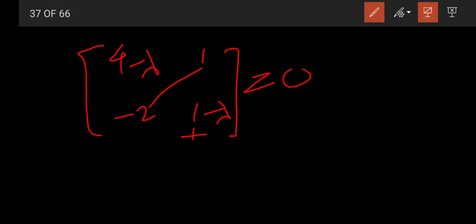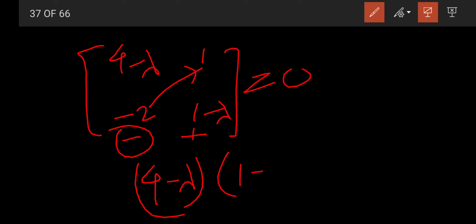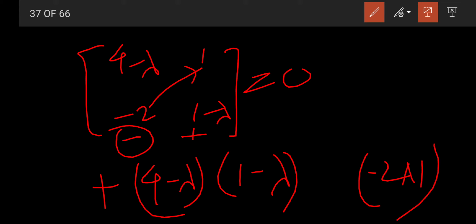Going upward costs energy, so I take this minus. So (4 minus lambda) into (1 minus lambda) with a plus sign, and minus 2 into 1 with a minus sign, equals 0.